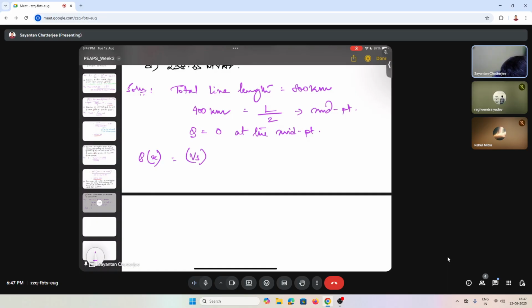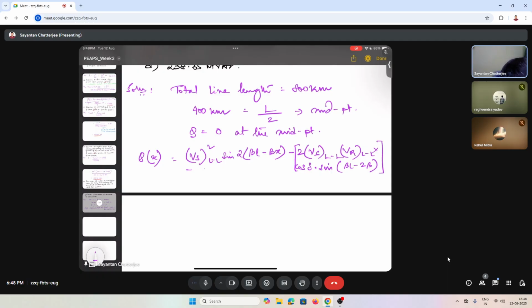V square sin(beta L minus beta x) minus 2 Vs line to line and Vr line to line multiplied with cos delta into sin(beta L minus 2 beta x). Actually, this one is a single term.